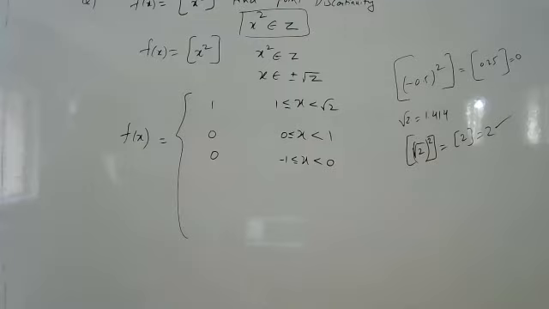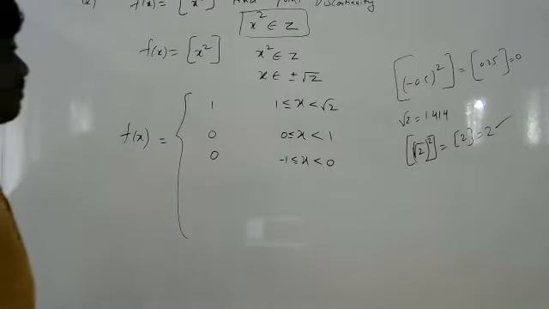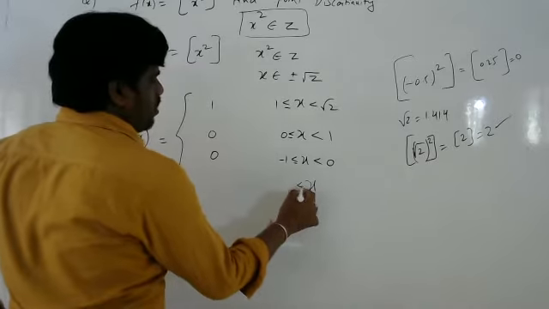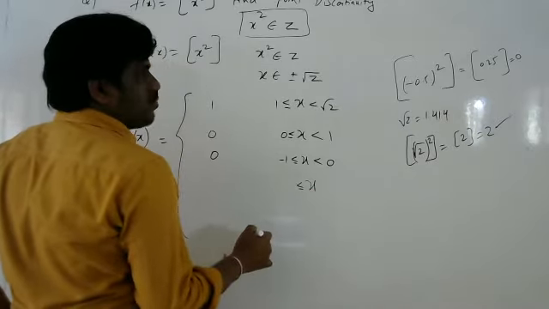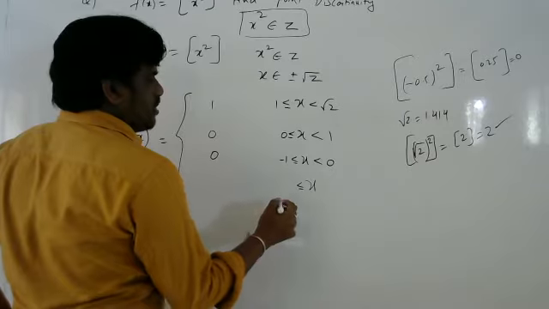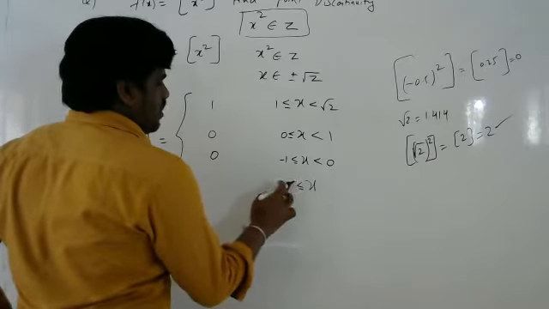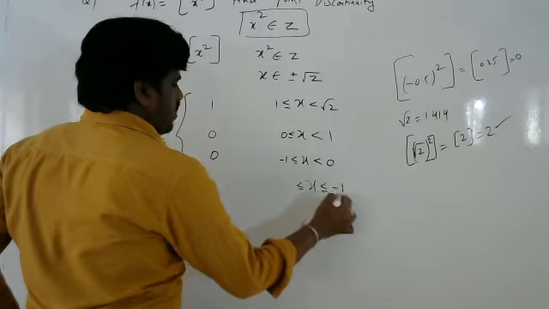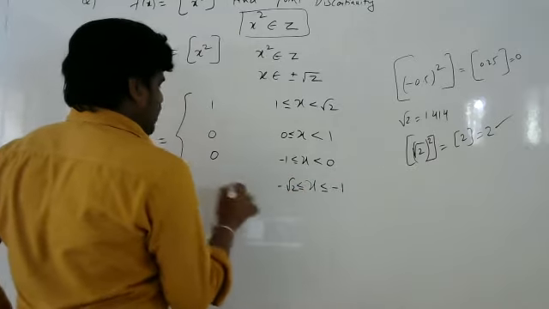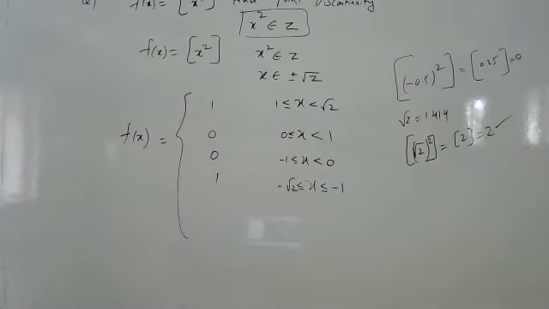Minus 1 to minus root 2, here you are going to get 1 as well, because you are squaring it. So in that place also you are going to get 1.